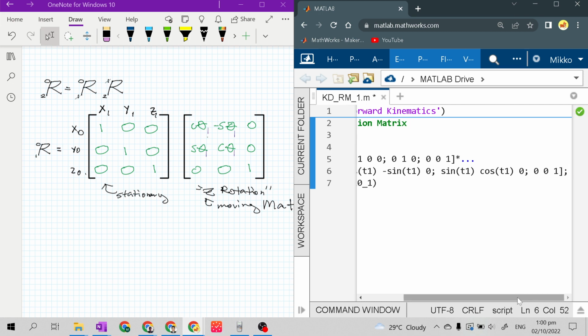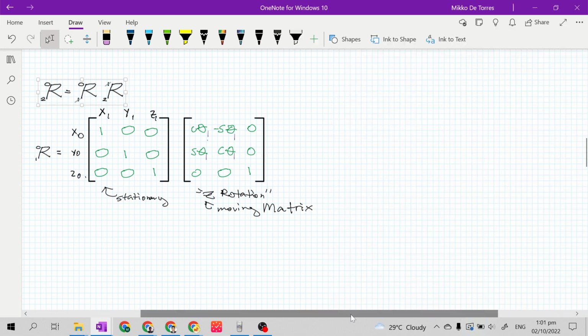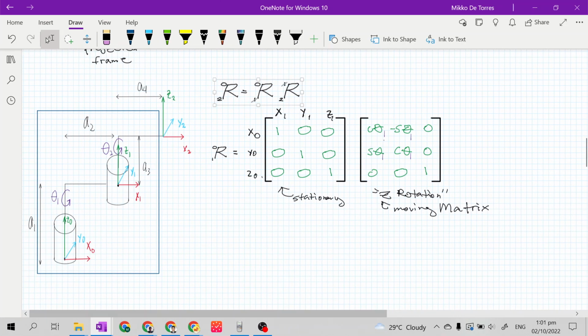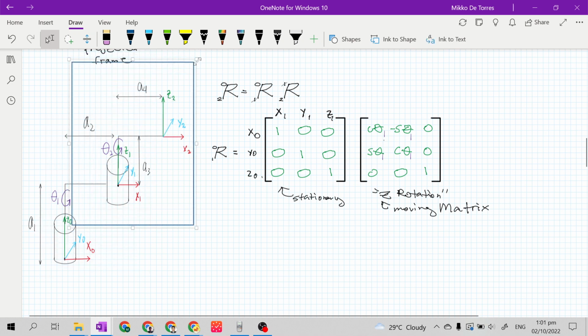Okay. So that it will not mirror after we got the R02 and when we derive the R12 and solve for R02. Okay. So that is the creation of matrices in Matlab. Okay. So let's proceed to our second rotation matrix, which is R12.